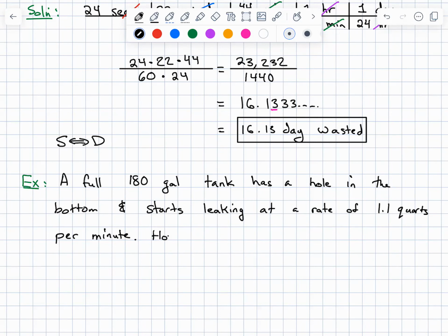How many gallons will be left after 8 hours?